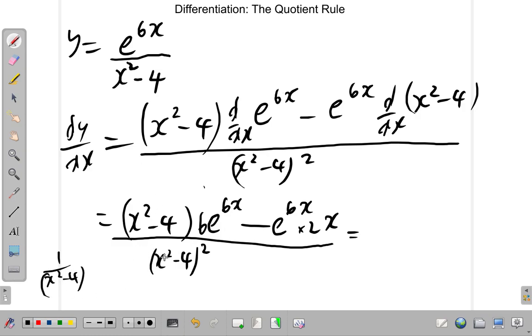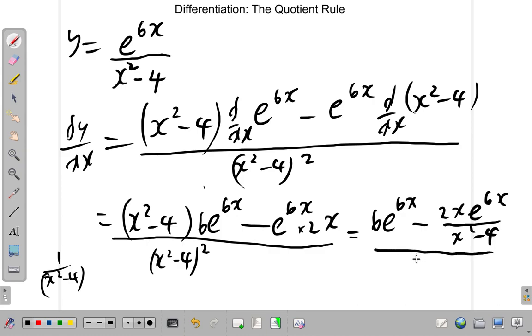In other words, you divide the top and bottom by x squared minus 4. This x squared minus 4 will be over x squared minus 4, and you get it cancelled, and you have 6e to the 6x minus 2x e to the 6x over x squared minus 4, and all of that will be over x squared minus 4 without the square, right?